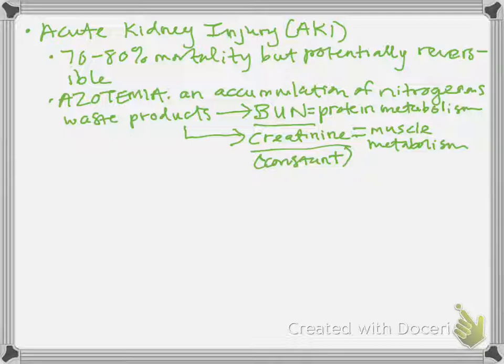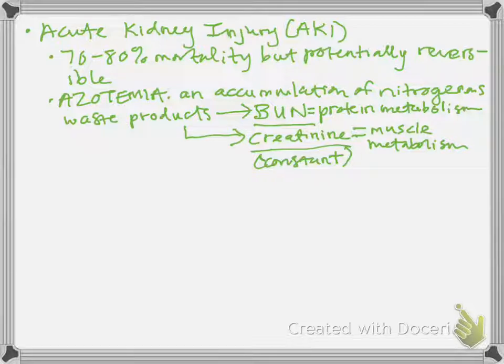Now, BUN can be elevated for a variety of reasons. Sometimes it's related to the kidneys not being able to get rid of enough urea. Sometimes it's related to an increased dietary protein intake. Sometimes it's also elevated because your patient is dehydrated.